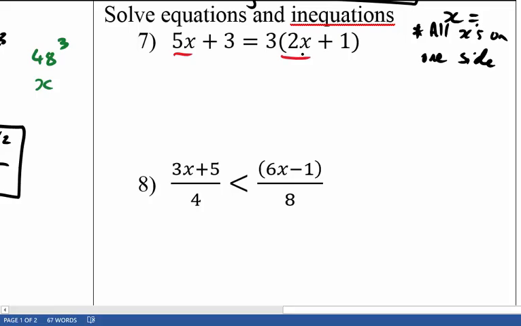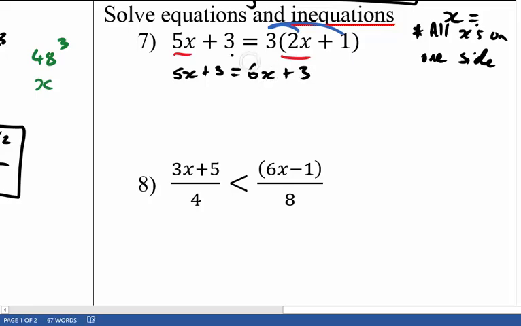So I need to probably get the x's either on this side or this side. It doesn't matter. And to be able to move this x anywhere, I need to firstly expand those brackets. So it's going to be 5x plus 3, not doing anything to that side. 3 times 2x will be 6x, and 3 times 1 will be 3.